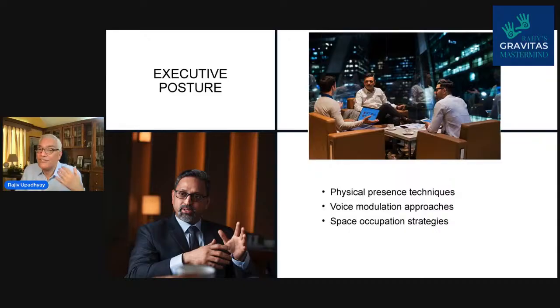Voice modulation approaches are very important. So are space occupation strategies, the way that you sit in a room. If you are sitting bent, making yourself small, with hunched up shoulders, people don't perceive that as a quality of a leader, right? So sit straight up, look people in the eye as you are talking, and at the same time talk at a slow or normal, deliberate pace.